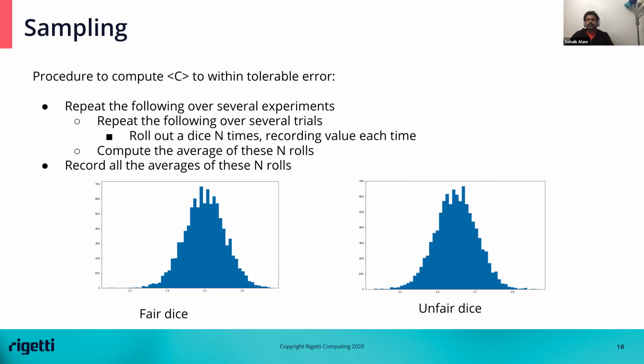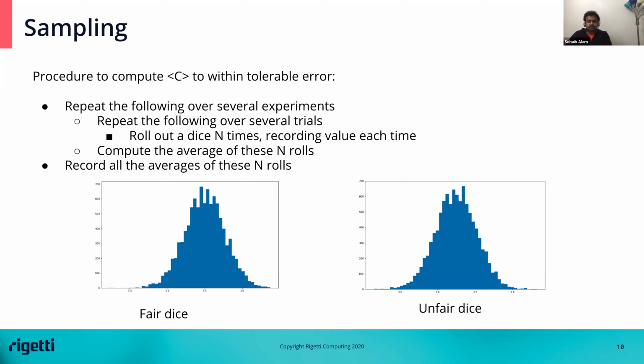Let's say we rolled a dice 100 times, and we record the average and it comes out to be something like 3.1. We'll compute the average of these rolls, and then we'll record all these averages. So in the first experiment, I did a trial of 100 rolls, computed the average, and noted it down.